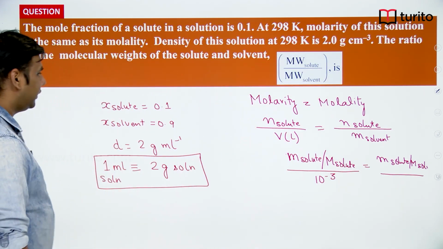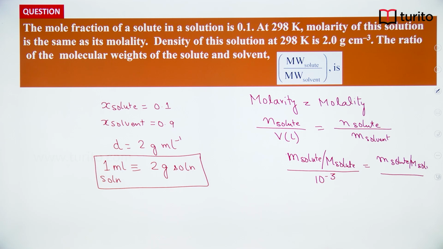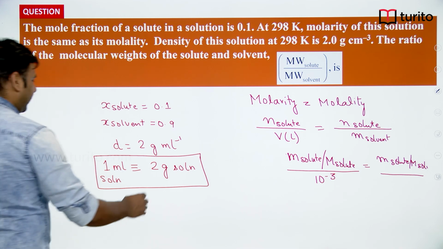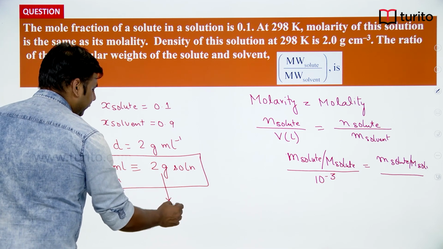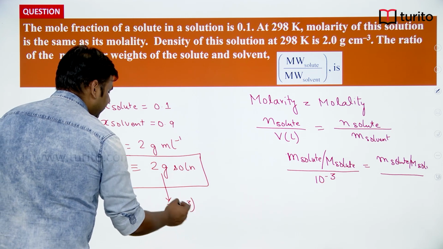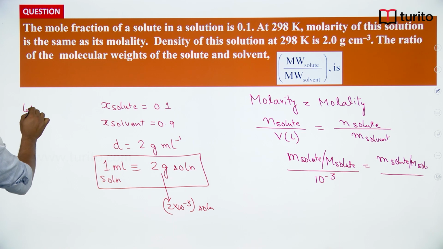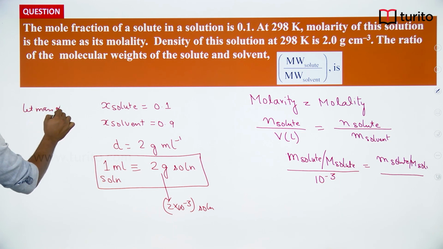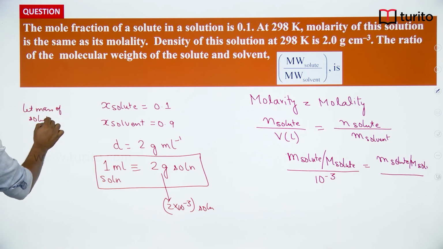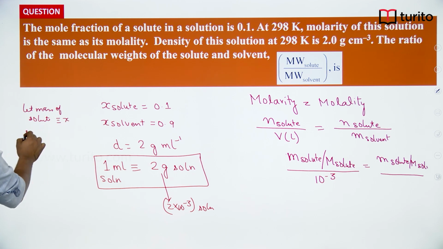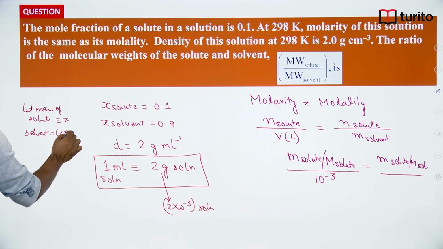The mass of the solution is 2 into 10 raised to minus 3 kg. So let the mass of solute be x, and that of solvent would be 2 into 10 raised to minus 3 minus x.